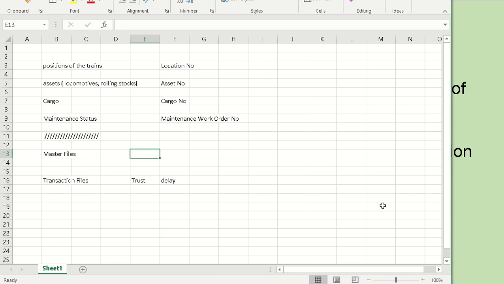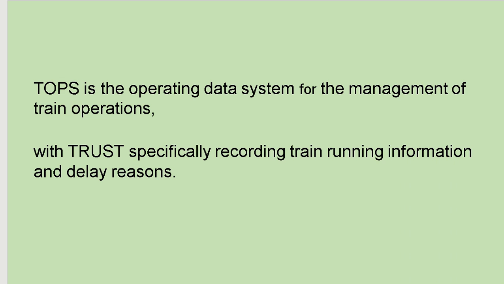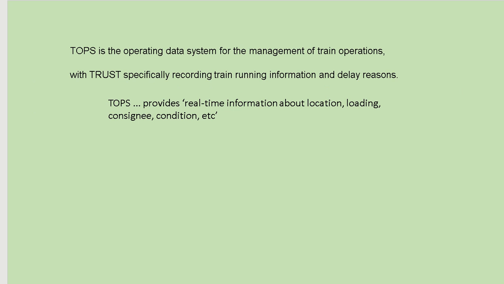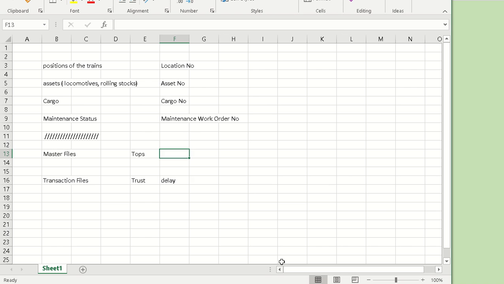And how about this? TOPS generates or records overall information about the train operating system data, so things like real-time information about location, loading, consignee, all of those. These are basically the master file.